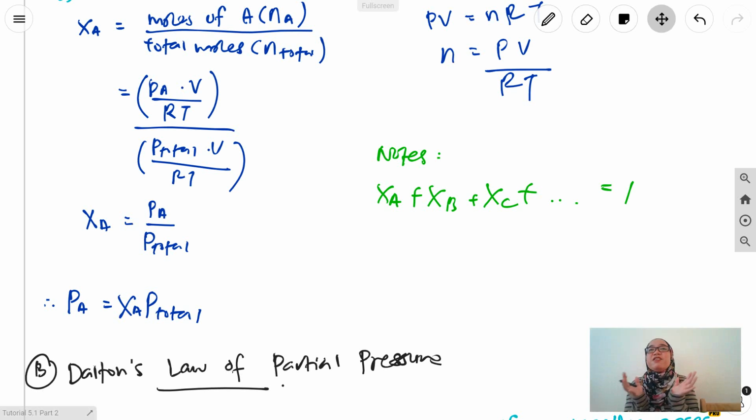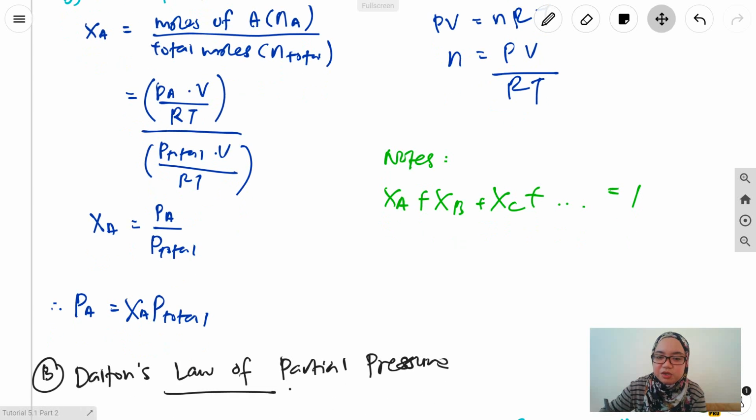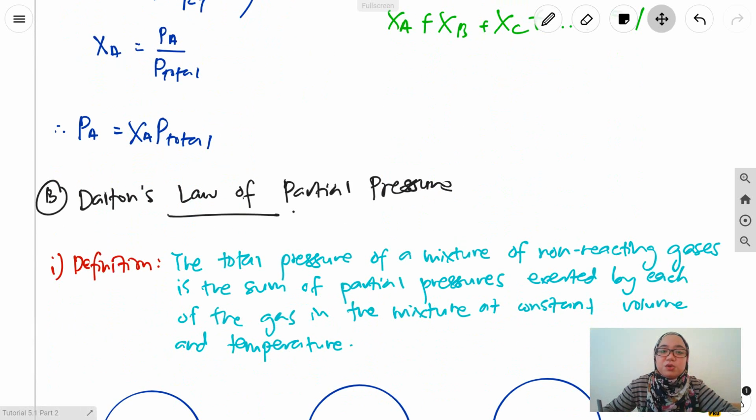It means that if there are gases A, B and C inside the container, the total mole fraction of gas A, gas B and gas C must equal 1. That is the calculation of partial pressure using the mole fraction. We will look into it after this. Now we want to know what is Dalton's law of partial pressure.